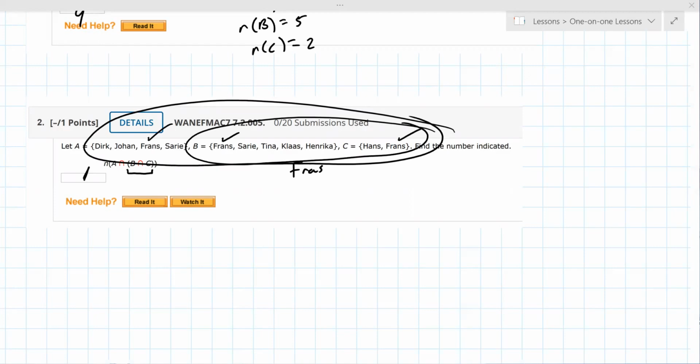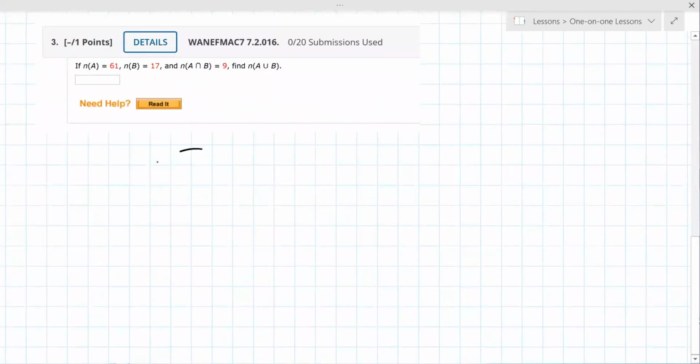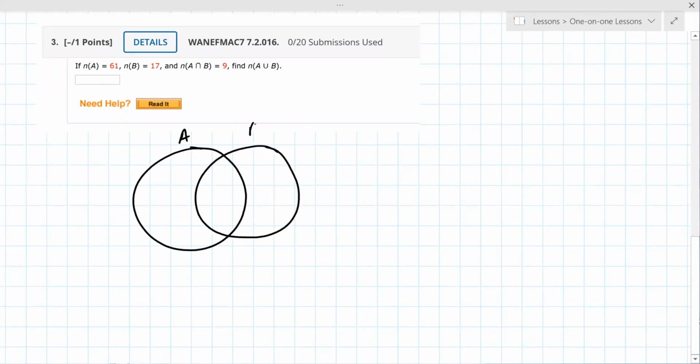Okay, 3, we're going to draw a picture. You've seen these before in other classes. We're drawing a Venn diagram here. This is A, this is B, and this one in the middle is them both, the and. A intersect B means and, it means both.